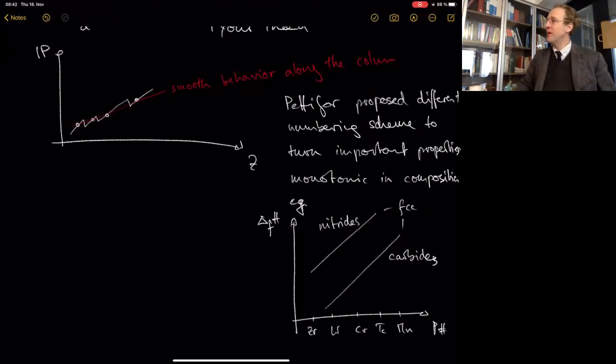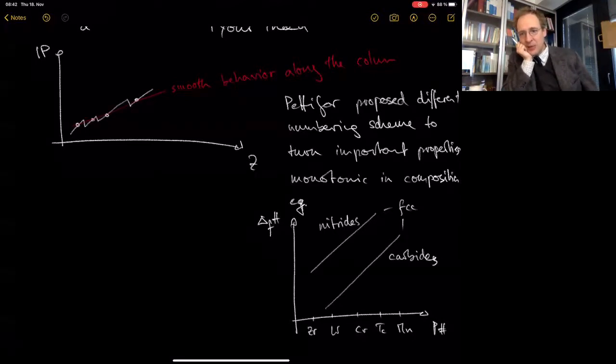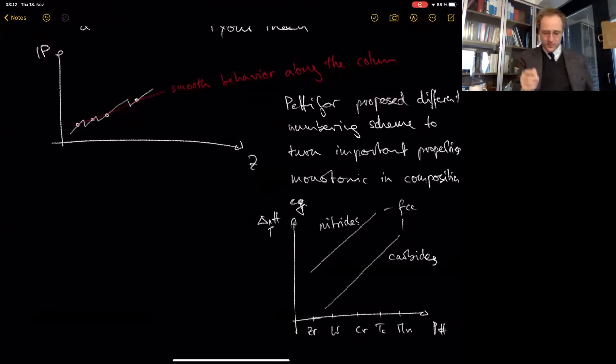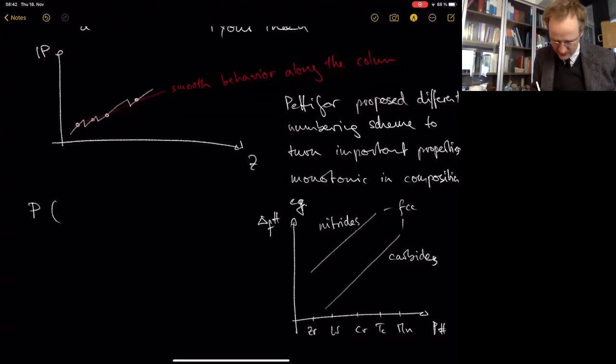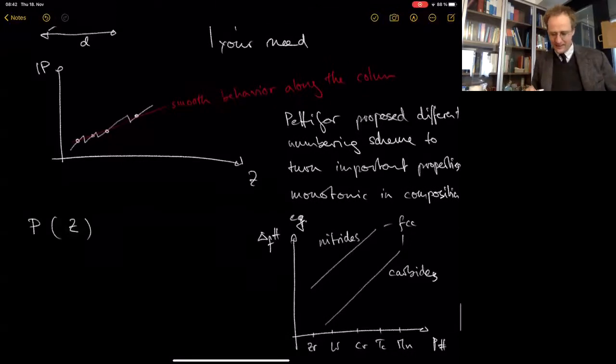So you will find this in Pettifor's work, but this tells you something very interesting, right? It tells you that if you have an observable which depends on the nuclear charge of one atom, you have only one atom, it's the only thing you vary. Same crystal, same bonding partners, you only vary one atom.